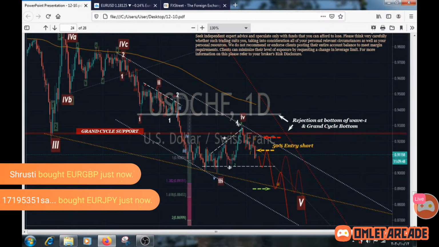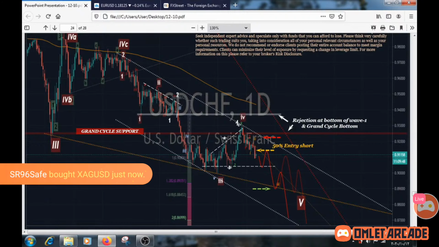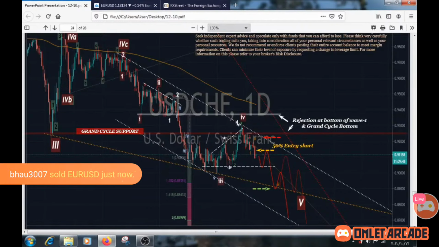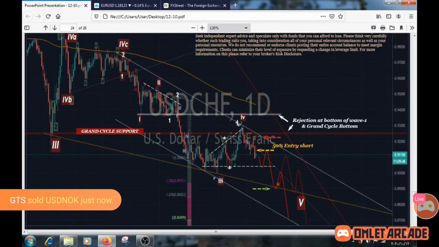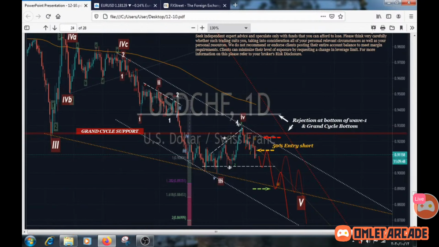So this has now confirmed that it is a downtrend because of this rejection. It's also of course a rejection at the cycle support. Okay, so we expect to be seeing a broadening formation pattern equivalent to this ascending triangle pattern here.